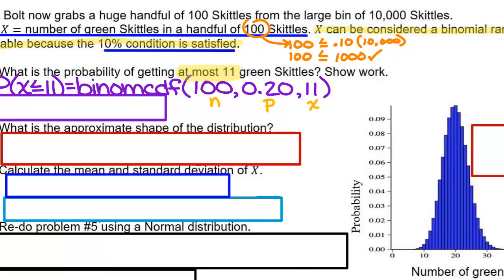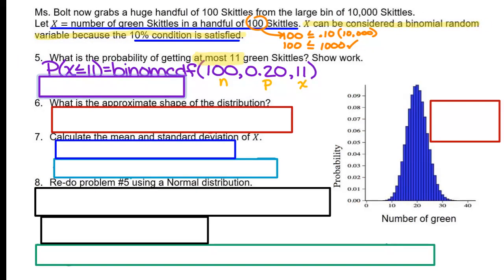You need to tell me the function that you're using right here. What are your parameters? Trials, probability, our x value, our boundary line. And then you hit enter and you get what? 0.0126. If you just truncate it, 0.0125, I'm not going to get picky about that fourth decimal place.